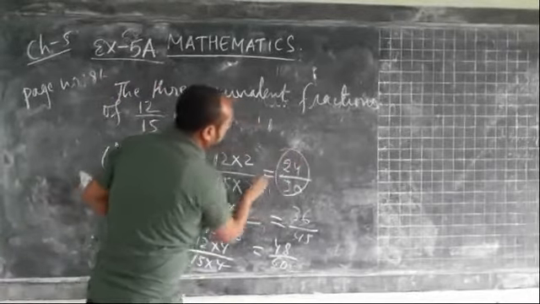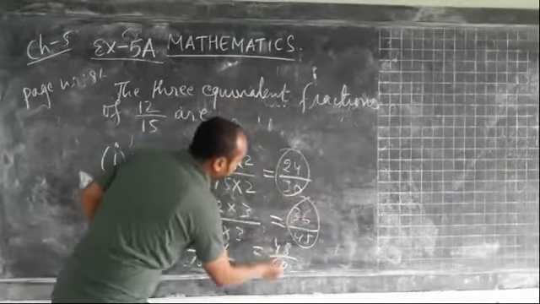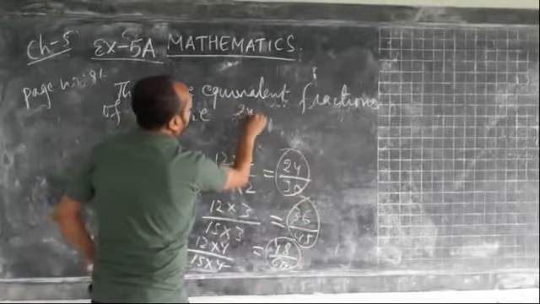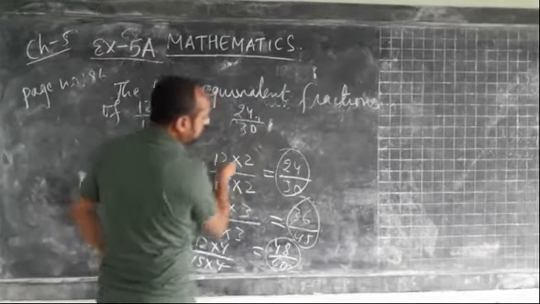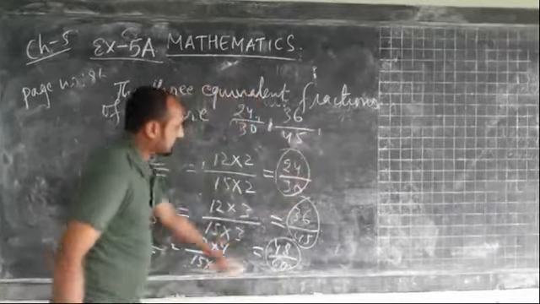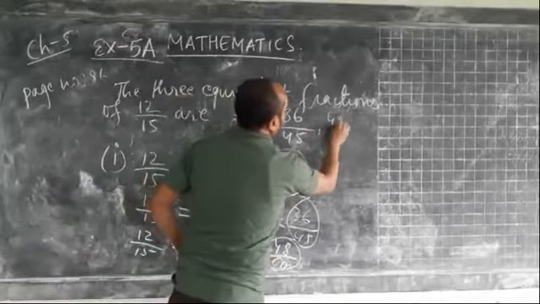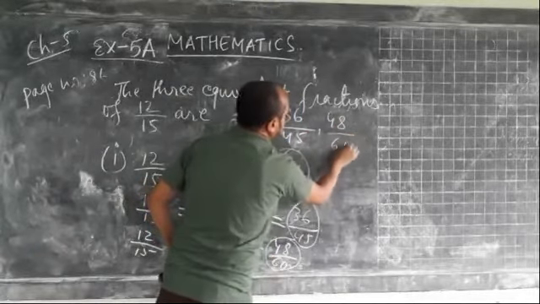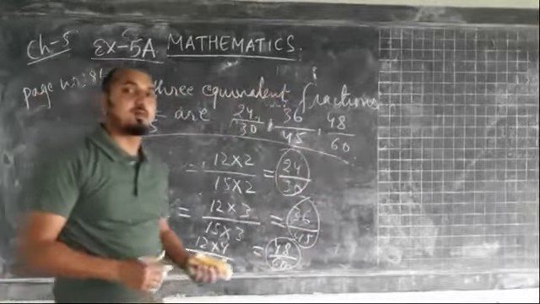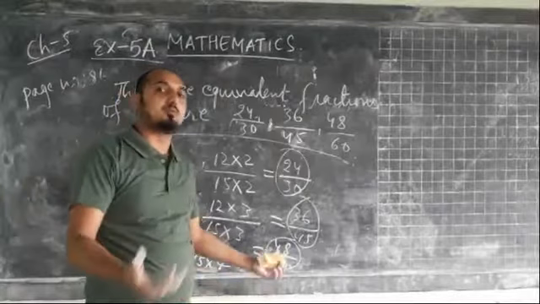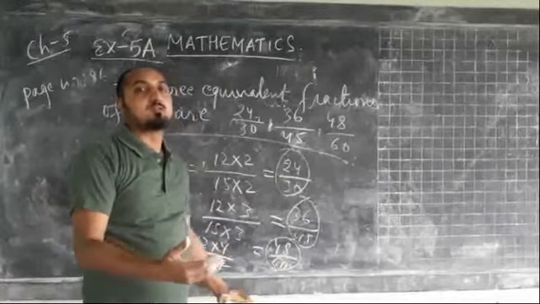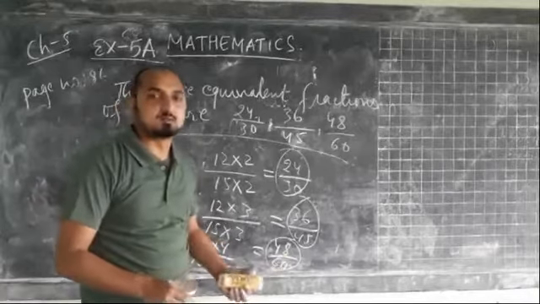First one we have 24 by 30, the second is 36 by 45, and the third one we have 48 by 60. So this is the way to find an equivalent fraction. You can find 3, 4, 5, no problem. If you know the process, you can find equivalent fractions up to 10, 12 numbers.